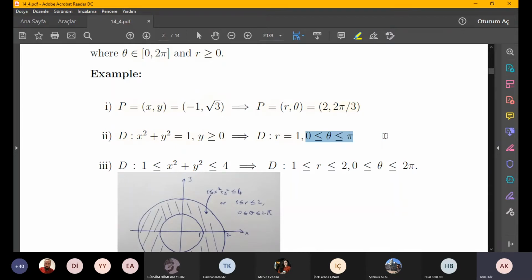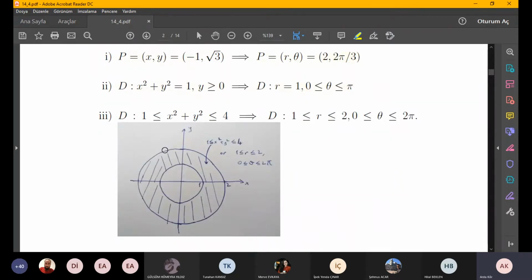The last example is a region in the Cartesian coordinate system specified by that sketch above. The shaded area is the sketch of D, which is 1 smaller or equal to x squared plus y squared smaller or equal to 4.